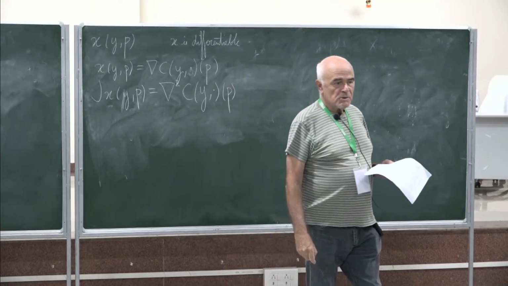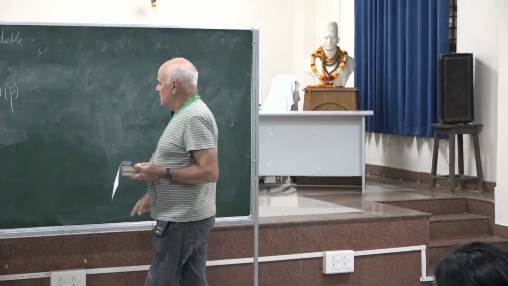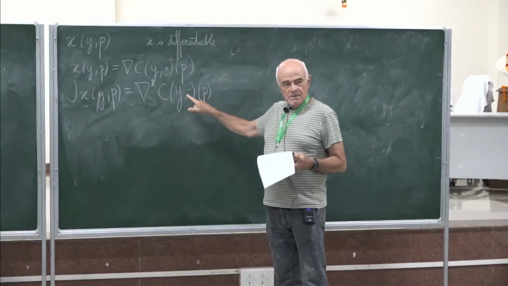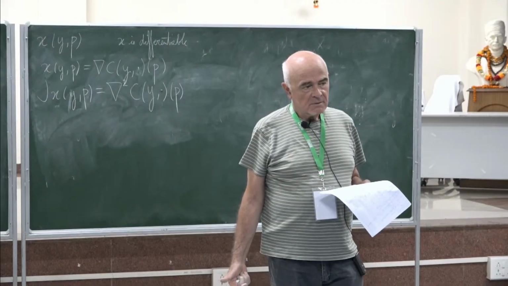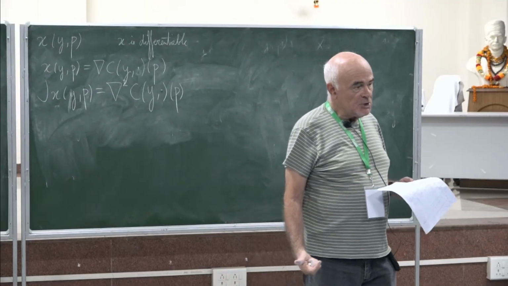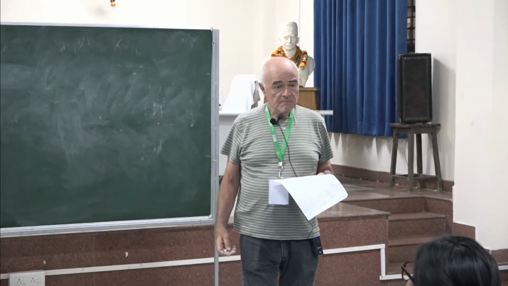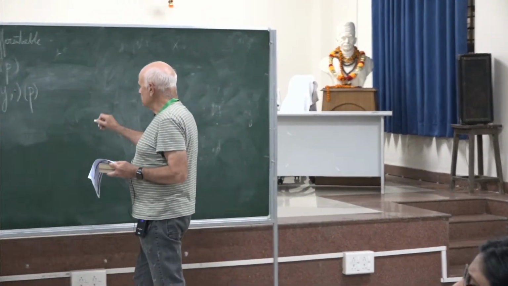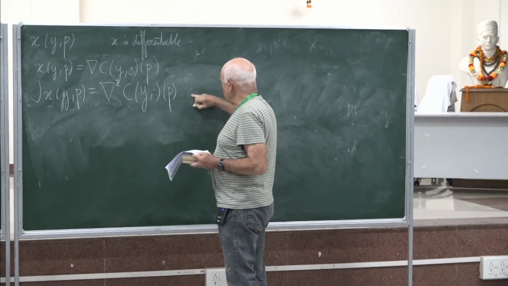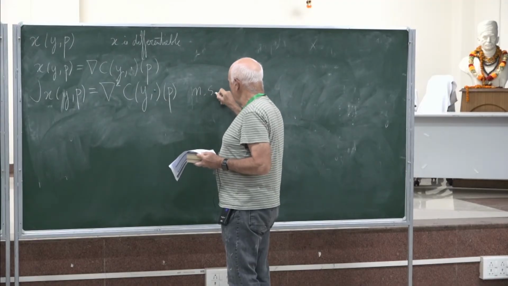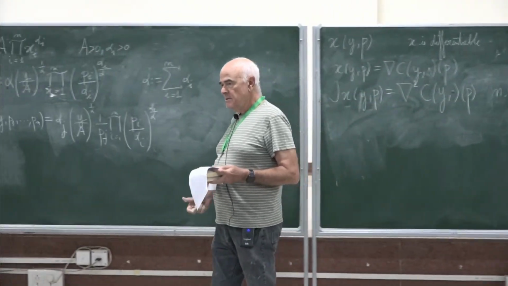And this is very interesting because the cost function, as a function of prices, is superlinear. It is concave. Then the Hessian matrix of a concave function is negative semi-definite. Okay, it's concave, negative semi-definite.